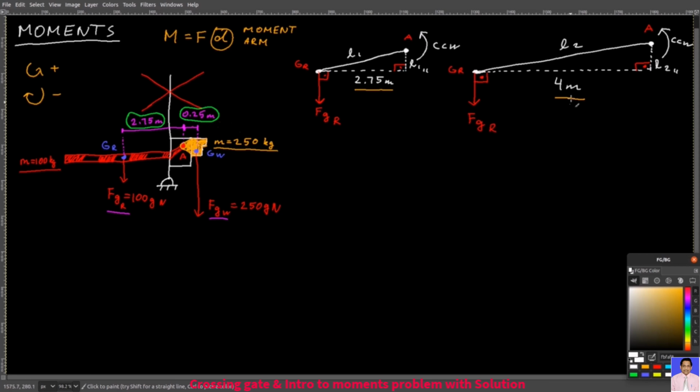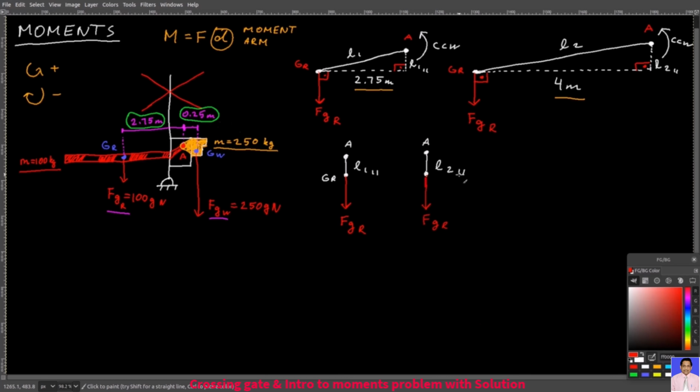If I get rid of these perpendicular distances, then I will have this situation. This is my point A, this is GR, this is L1 parallel, and this is FGR, and then here you have point A, this is L2 parallel, and this is FGR. You can see that in both cases, rotation cannot happen. The parallel components do not contribute to rotation.